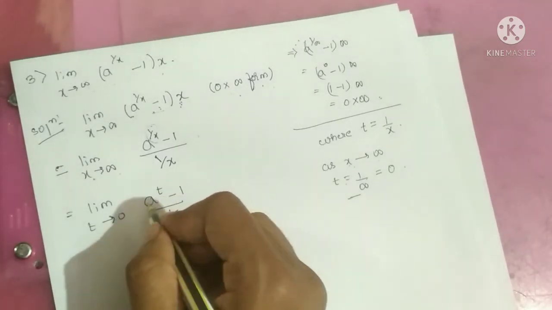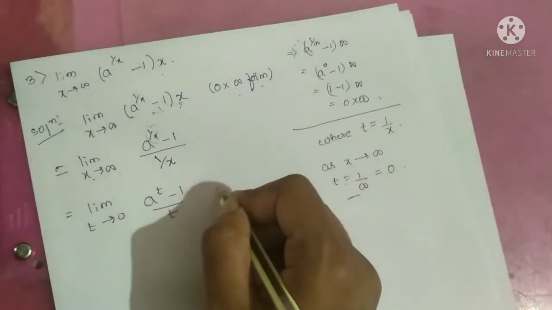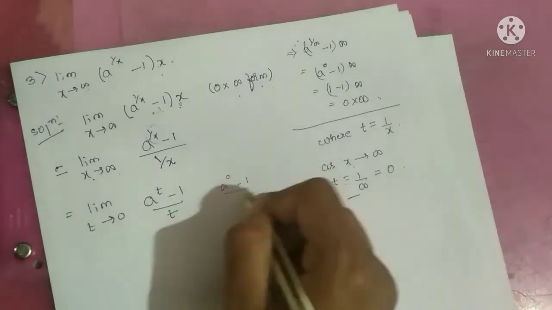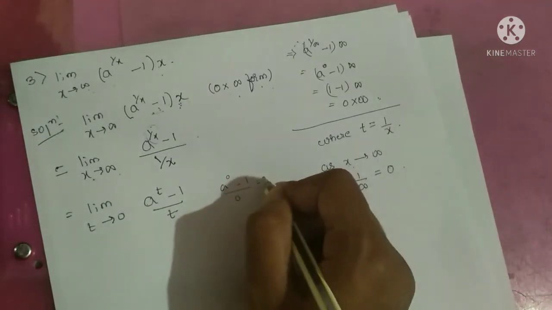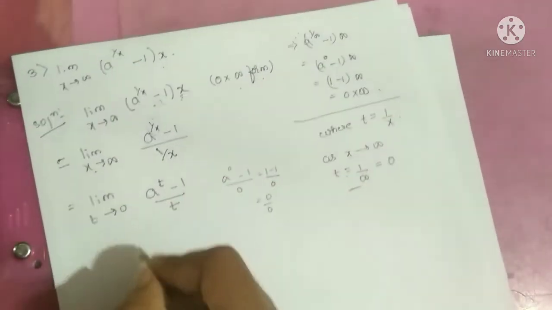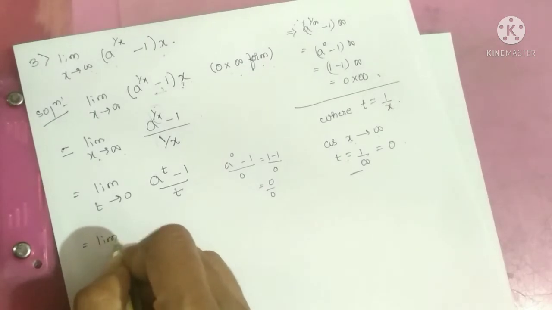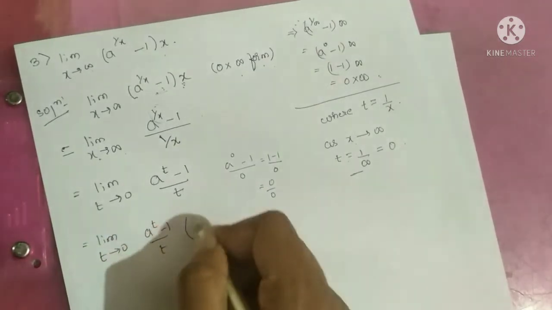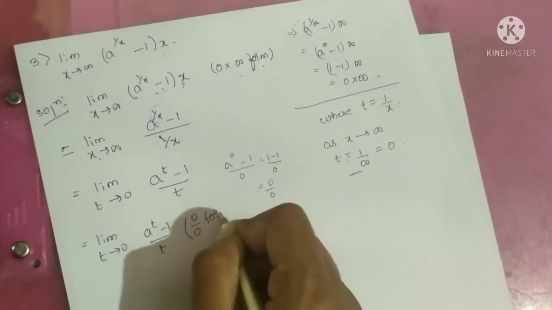So a to the power of 0 is 1, and 1 minus 1 by 0 is in the 0 by 0 form. So limit t tends to 0 of (a to the power of t minus 1) by t is in the 0 by 0 form.